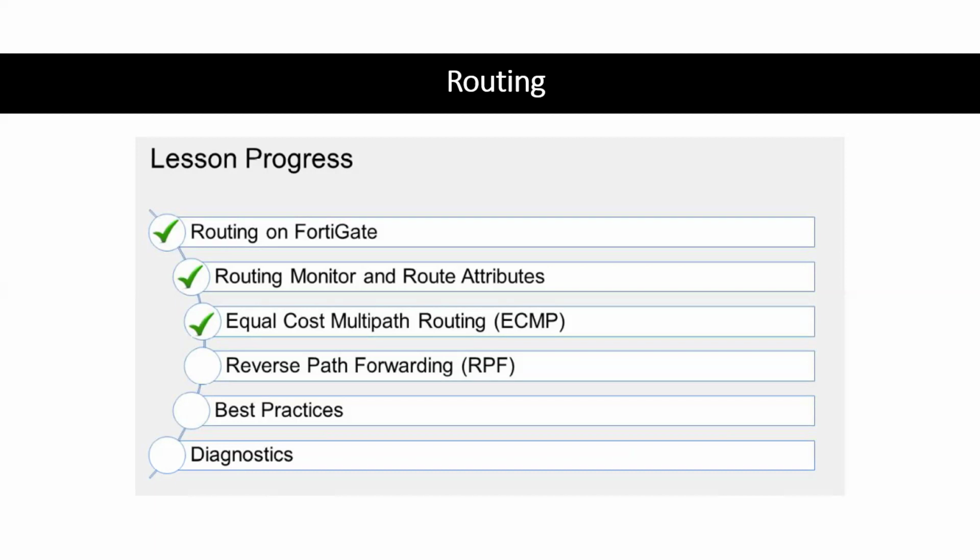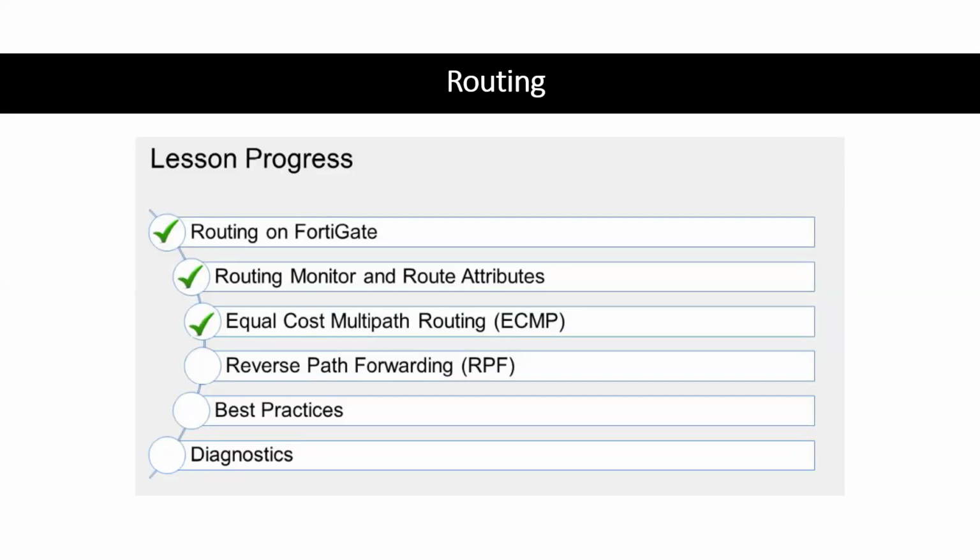All right, so question 2. How does a FortiGate load balance traffic when using the spillover method in ECMP routing? Is it A, sessions are distributed based on an interface threshold, or is it B, sessions are distributed based on route weight? Can you repeat the answers again?